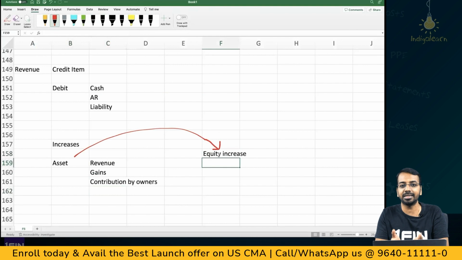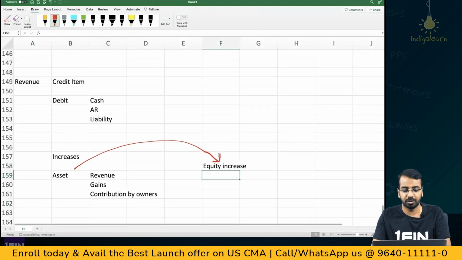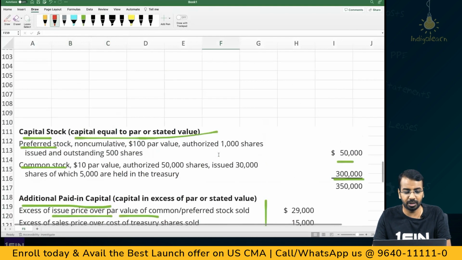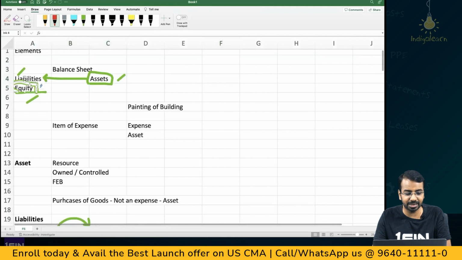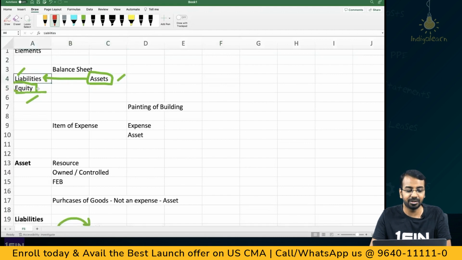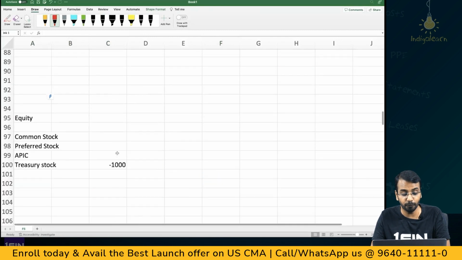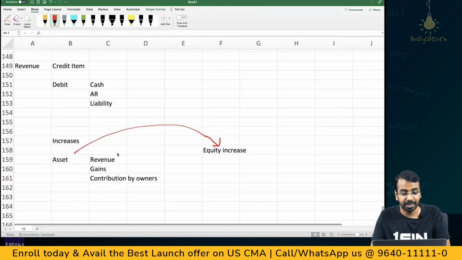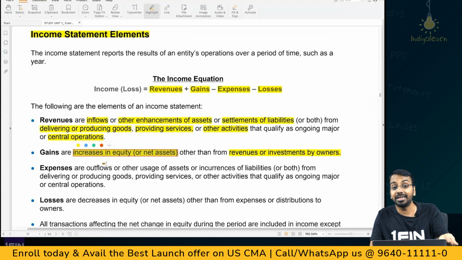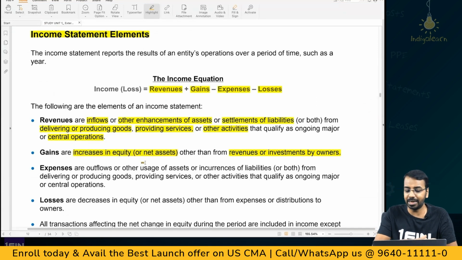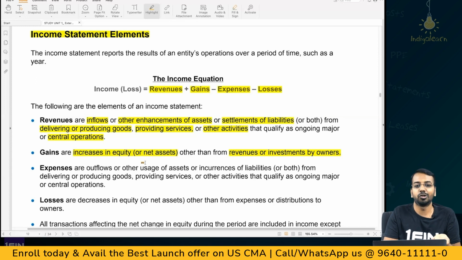If net asset increases, equity will also increase. In the formula that I've written, if assets minus liabilities increases, correspondingly the equity also must increase because that is a part of the gain. So gains are nothing but an increase in equity or net asset, but that is not from revenue, that is not from investment by owners. Like gain on sale of fixed asset, right? So that is what is considered as gain.